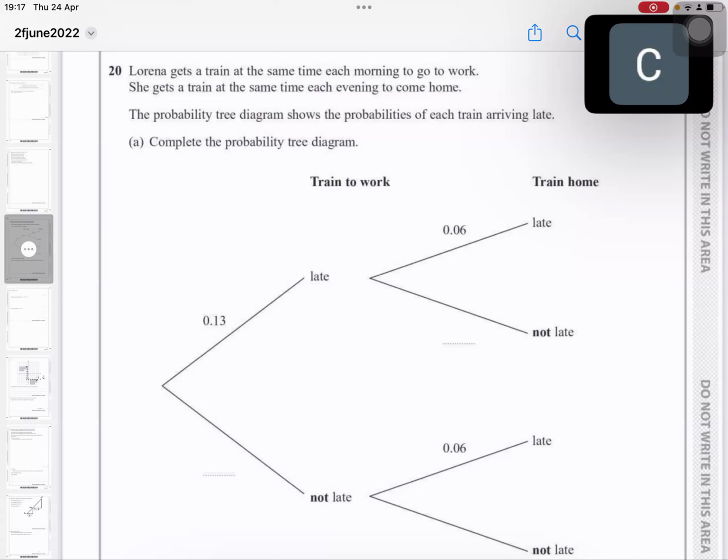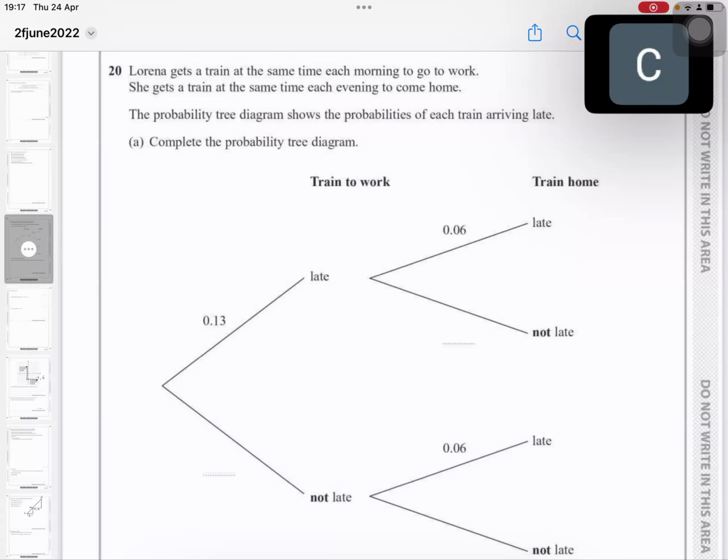So for instance, they said Lorena gets a train. The first probability that we're measuring is the probability of her getting late to work, which is 0.13, according to this diagram. So what's the probability that she will not be late?